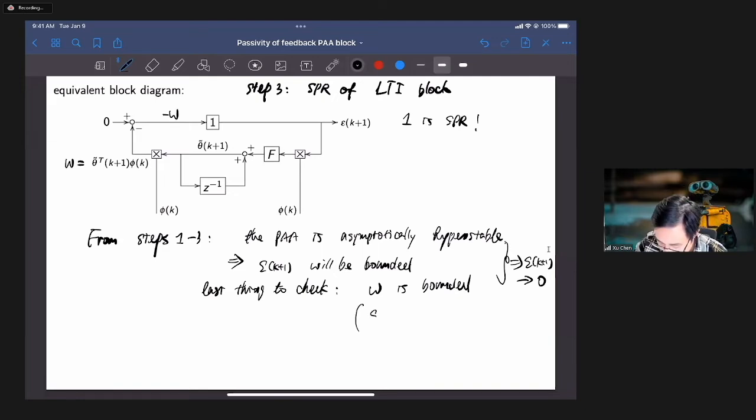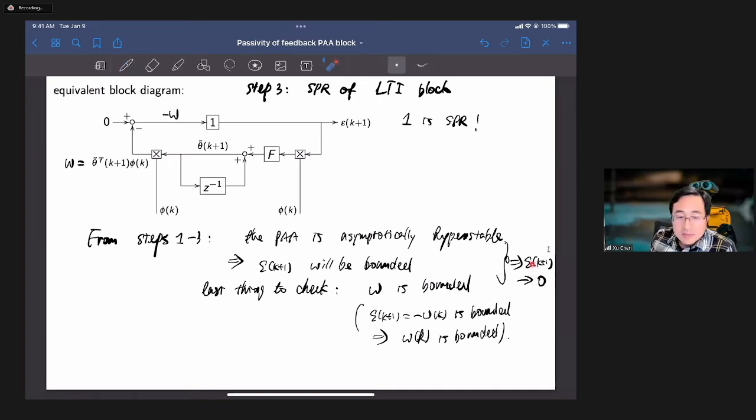So epsilon k plus 1 equal to negative W k is bounded. Therefore, W k is bounded. So therefore, indeed, the adaptation error will converge to 0. That completes the stability analysis of the constant gain parameter adaptation algorithm.